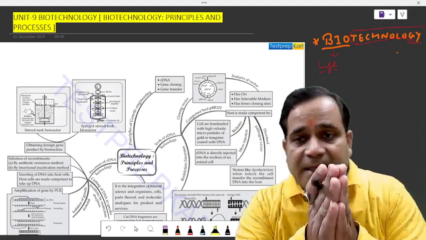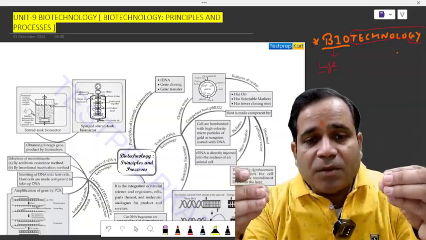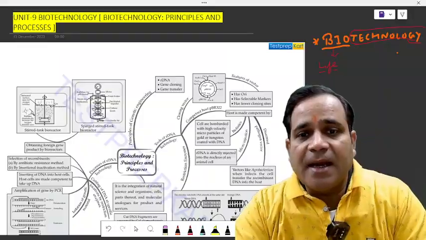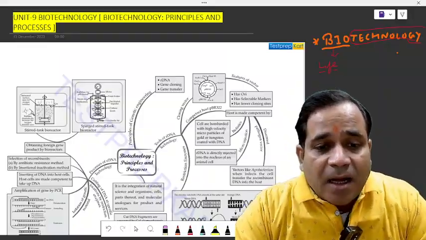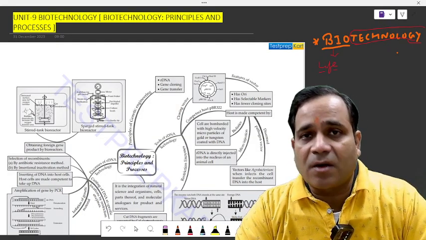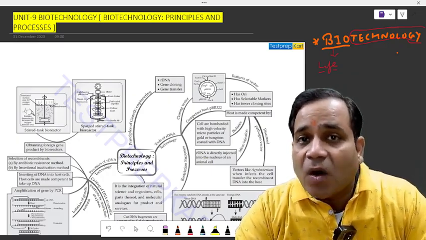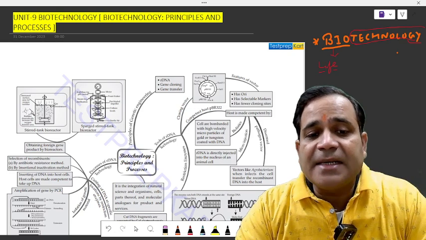If I say that biotechnology is a technique, it is a technique of using natural science and organisms, cells, parts, and molecular analogues for products and services.